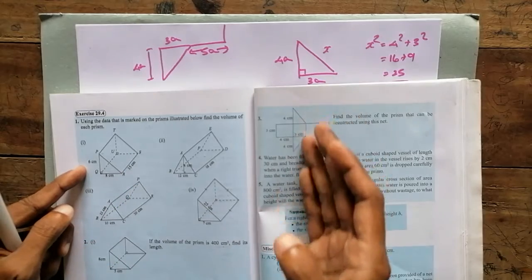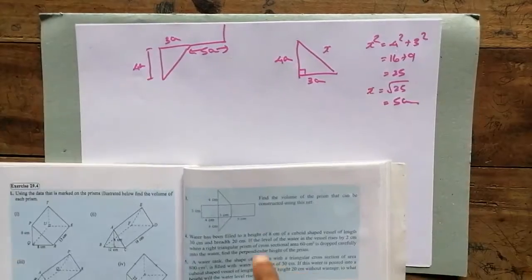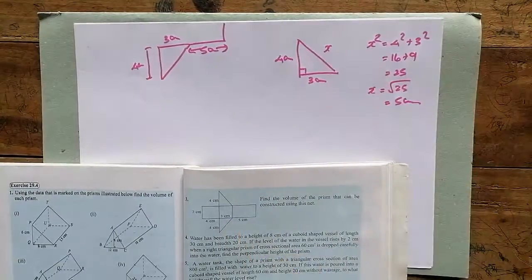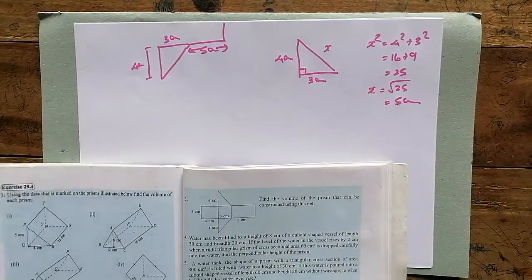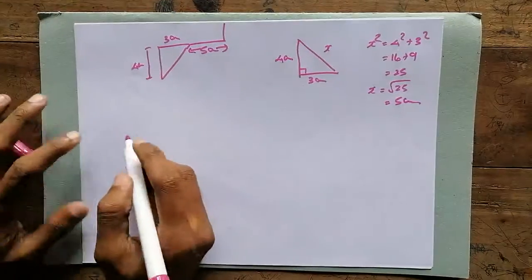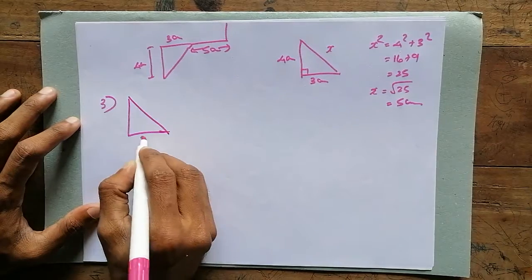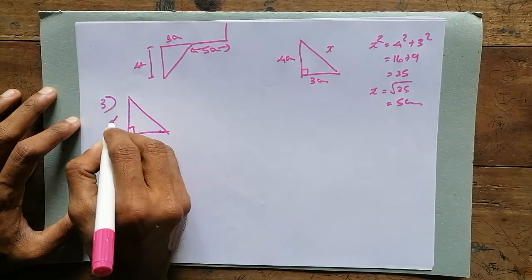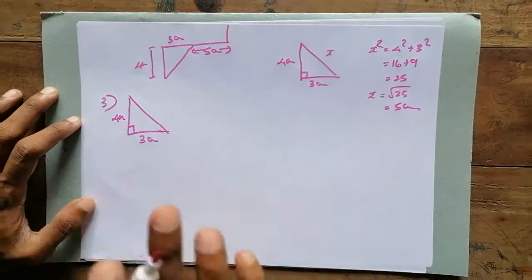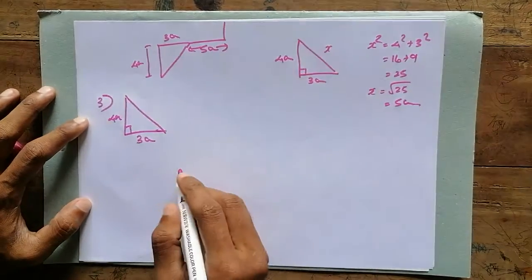It's 3 centimeter. So we can prove with the Pythagoras theorem it is a right angled triangle, and we can directly take it as a right angled triangle. So we just draw the figure. This one is 3 centimeter. It's a right angled triangle. We check it and we can directly go for the answer. So the length is also 3 centimeter.